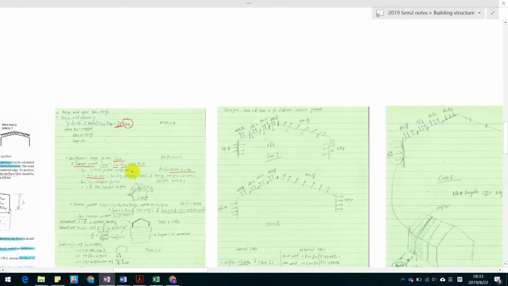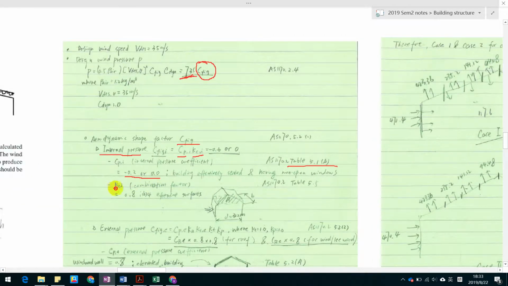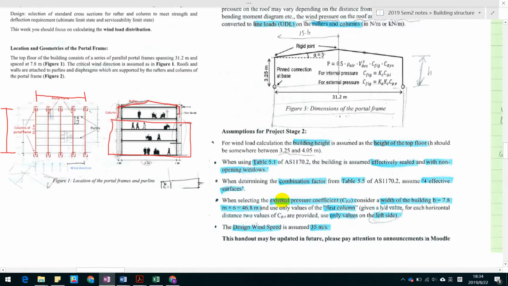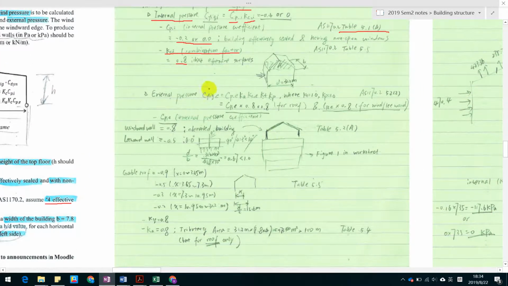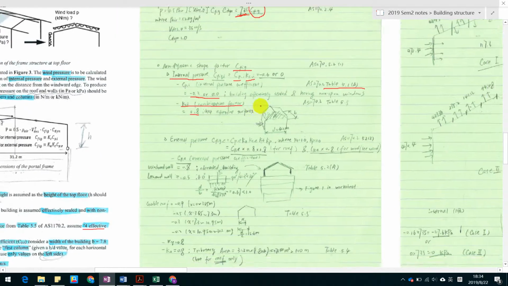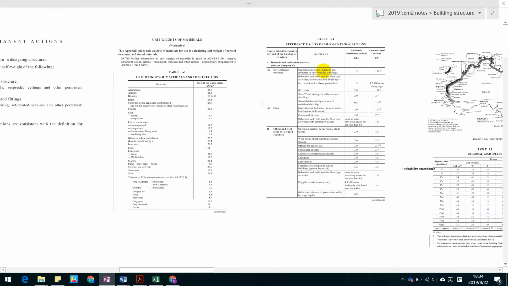So that thing is determined here, and the combination factor is determined as 0.8 because it was given in the brief that we have 4 effective surfaces, and it was determined in the chart.